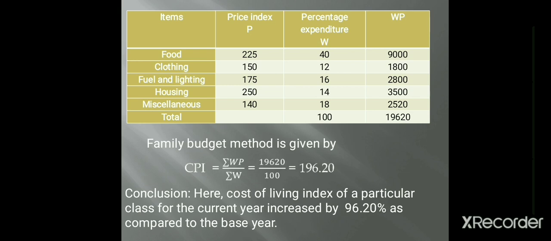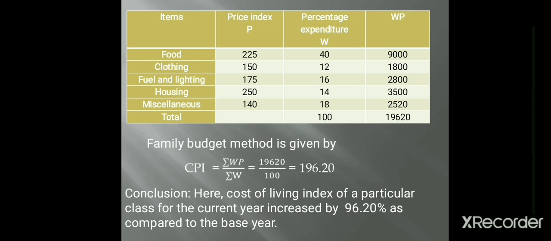To start with, the first value is 40 multiplied by 225, which is 9000. 12 multiplied by 150 is 1800. 16 multiplied by 175 is 2800. 14 multiplied by 250 is 3500. 18 multiplied by 140 is 2520.